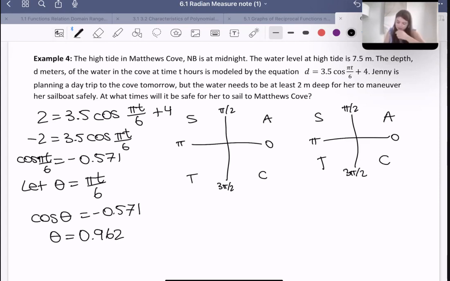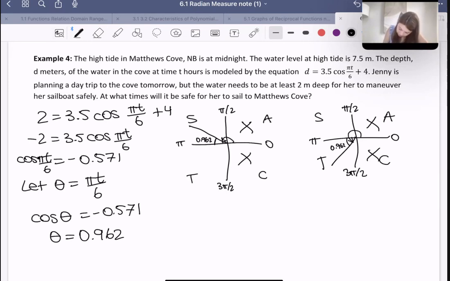Let's ignore the quadrants where cosine would be positive, because in this case cosine is negative. So we would have something here and something here, and in each we have 0.962.